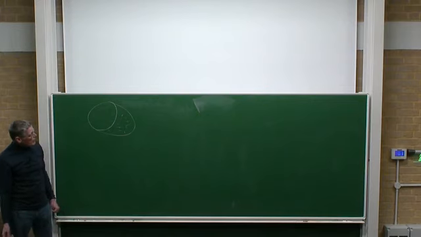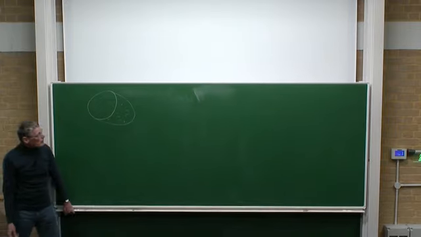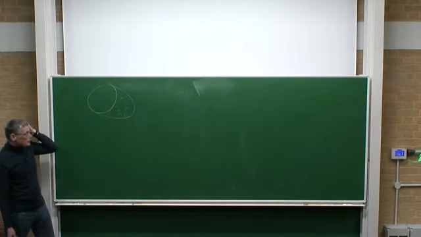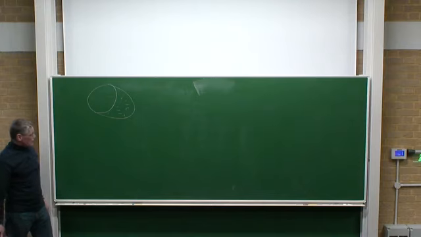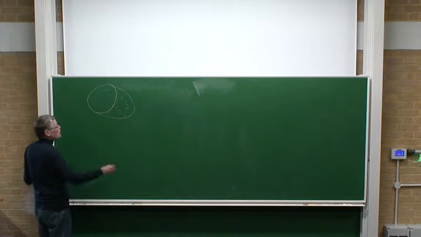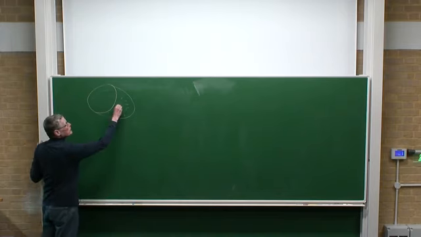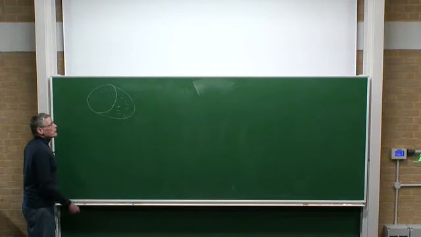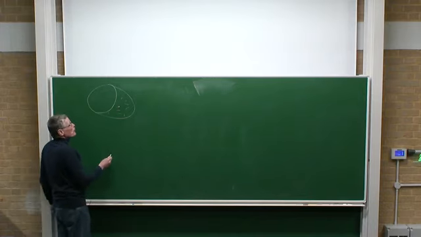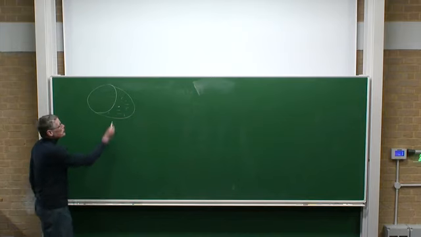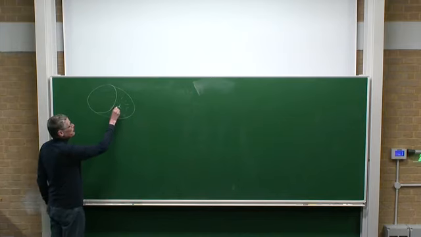And one natural way to study this is to explore the components successively. We start by picking a vertex, and then we make a breadth first search. Here we look at all its neighbors, and then we look at their neighbors, and this maybe doesn't have any more neighbors, and maybe this.